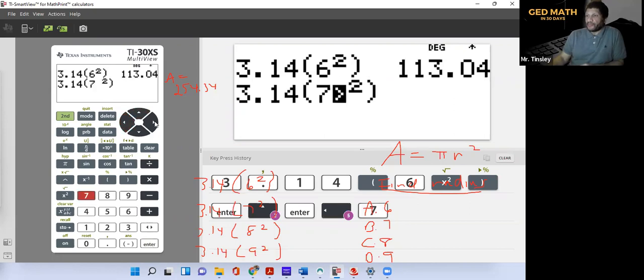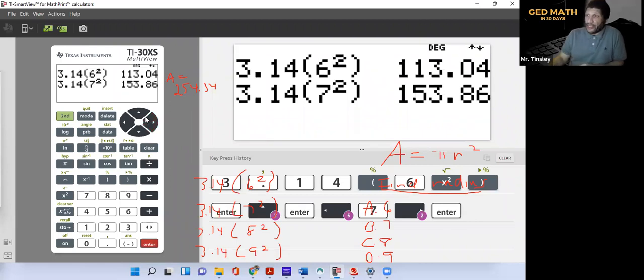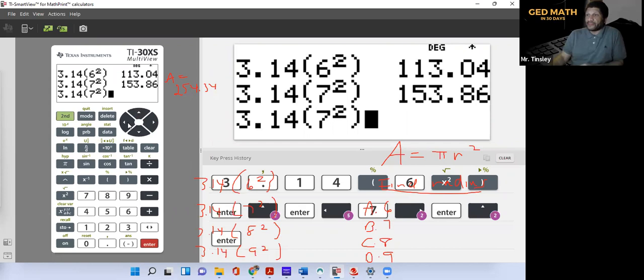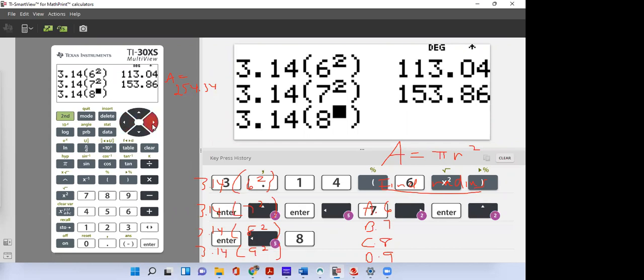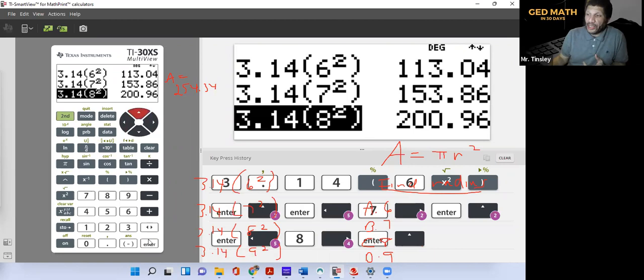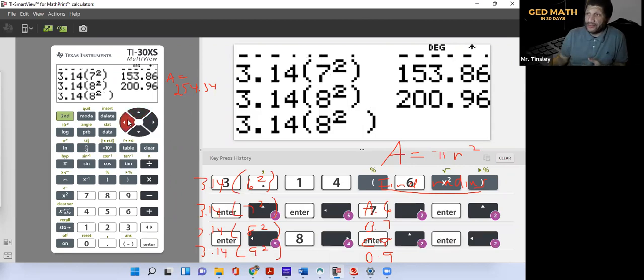Hit enter. We still didn't get it. Again, I'm gonna go back up into the formula, change that 7 to 8. Still not 254.34. Our last answer is 9, but I'm going to just do it anyway so you can see it done.